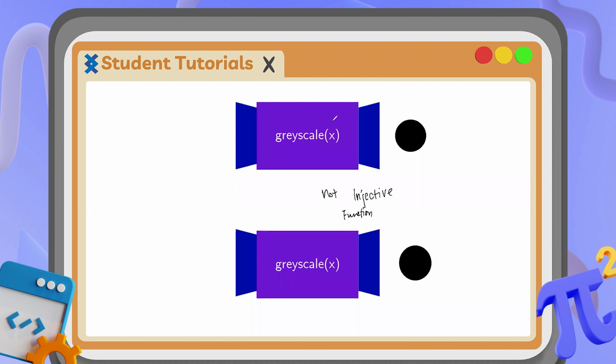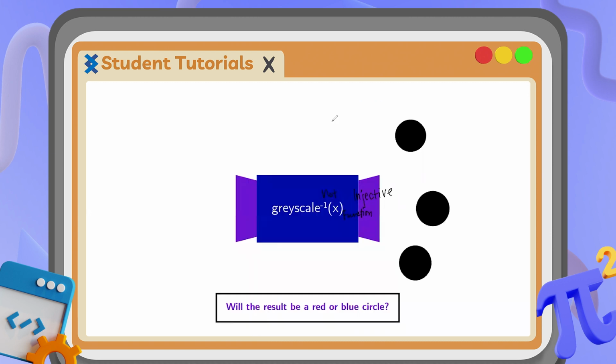So let's look further. So will the result be a red or blue circle if we take the inverse of that said output? So if we transform this black circle back to its original form, would it generate a red circle? Or would it generate a blue circle?